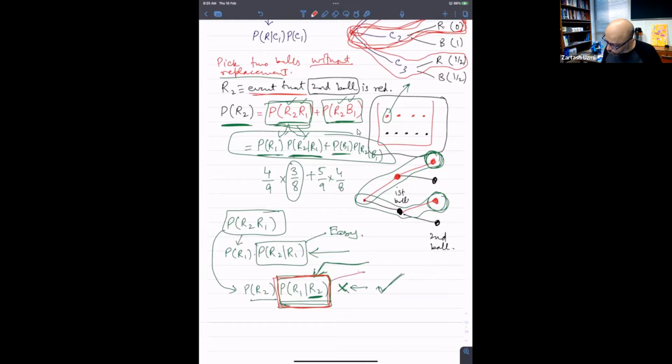If you are asked this question, ठीक है, you can certainly answer this question. कैसे आंसर कर सकते हैं? ऐसे आंसर कर सकते हैं: probability of R2, ये हमने यहाँ पे ऊपर मालूम की है. So this guy is known. Probability of R1, this guy is also easy.